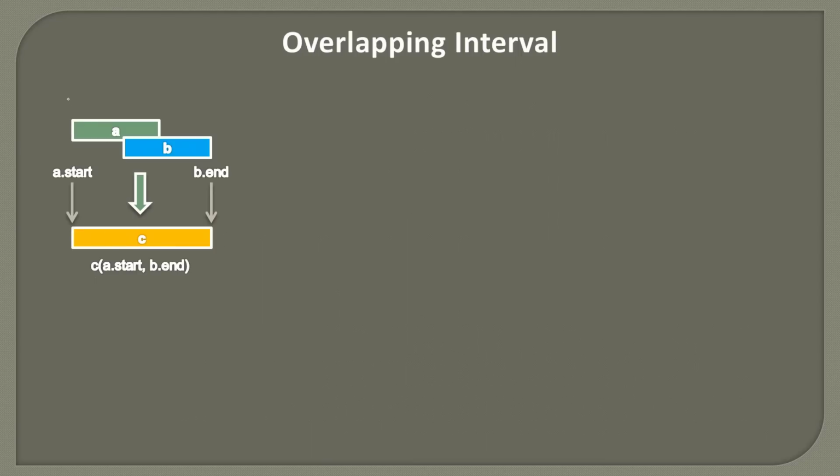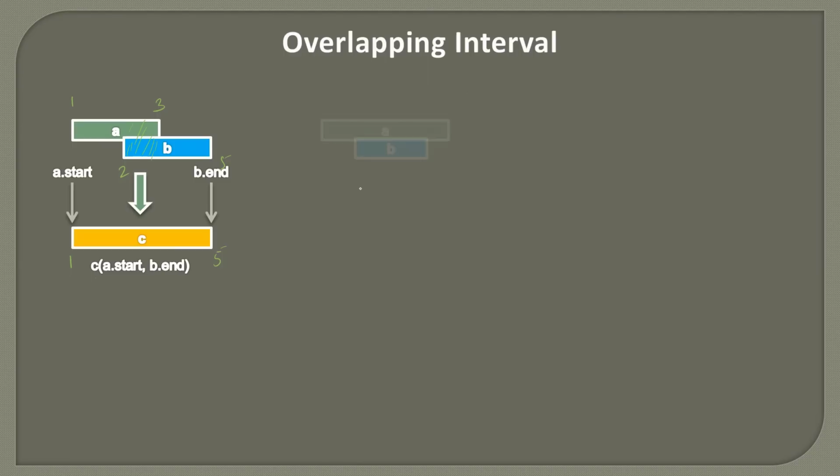Let's say A starts from 1 and ends at 3, and B starts from 2 and ends at 5. Here you can see this is the overlapping part. When we merge these two intervals, let's say we put A on top of B, so it starts from 1 like this and ends at 5. So this is the merging.